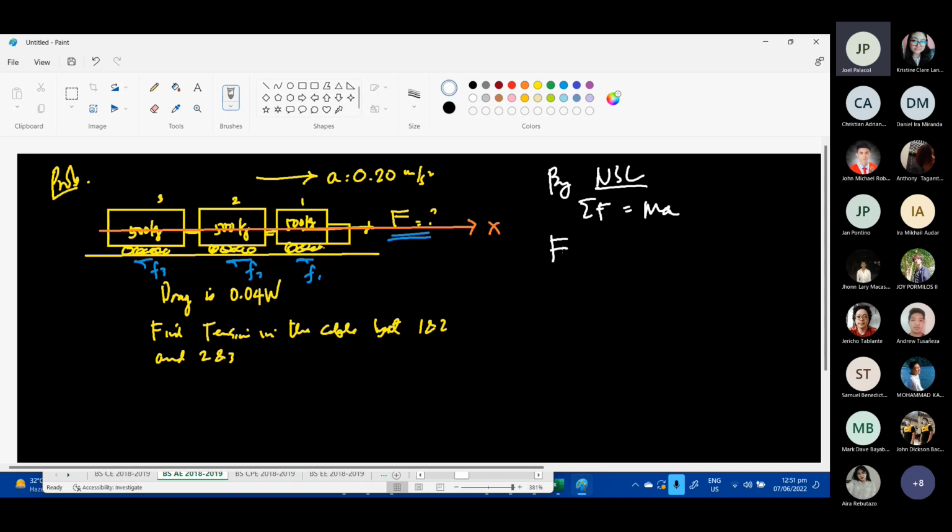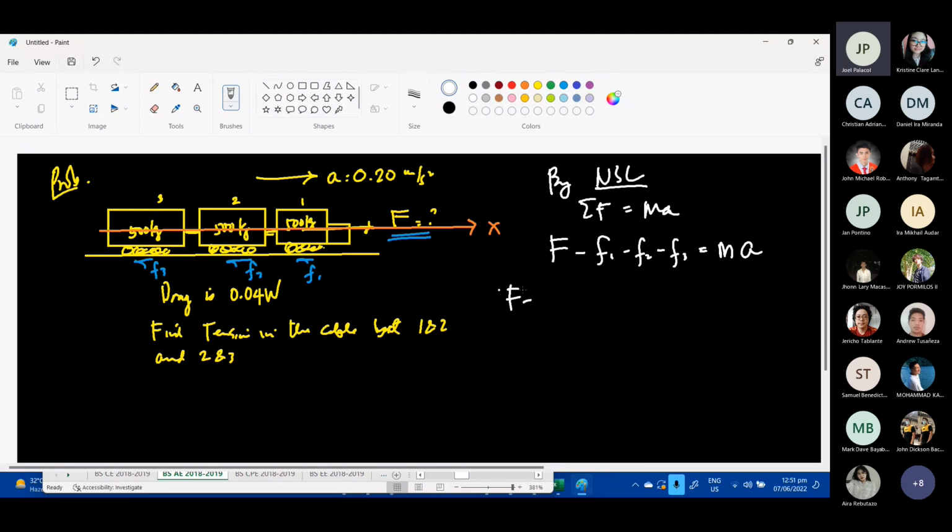So the force to the right minus the opposing forces, F1, F2, and F3, must equal the total mass times the acceleration. It is that simple. So F minus, what is F1? The drag is 0.04 of the weight. The three cars are the same, right?